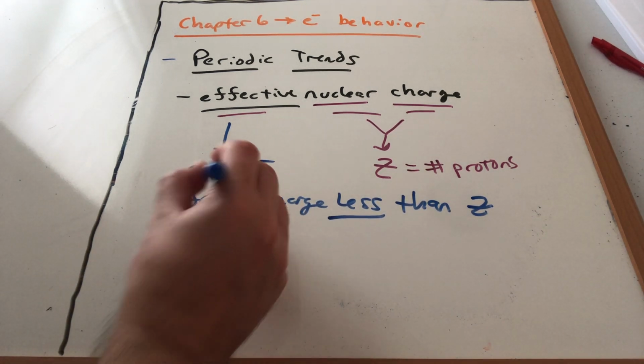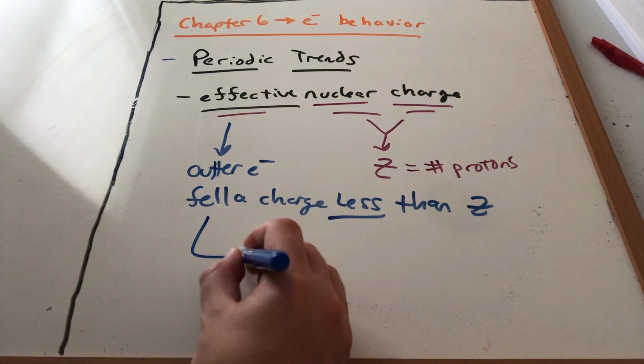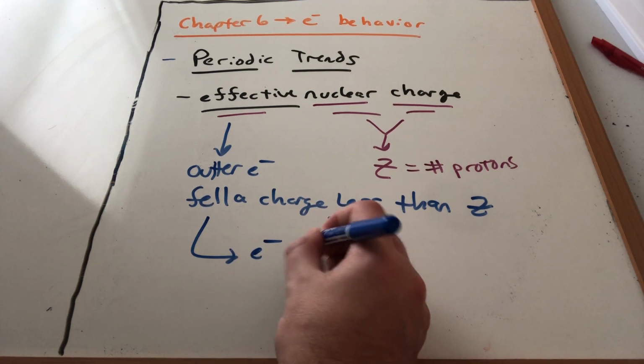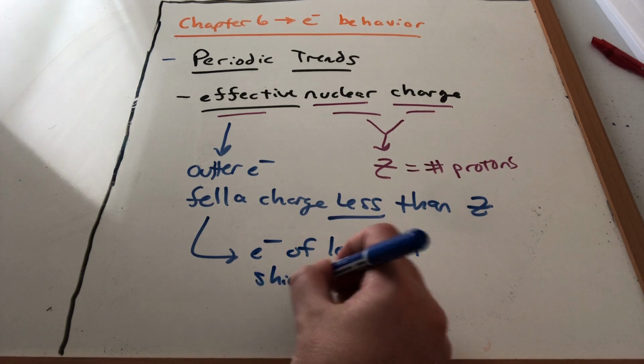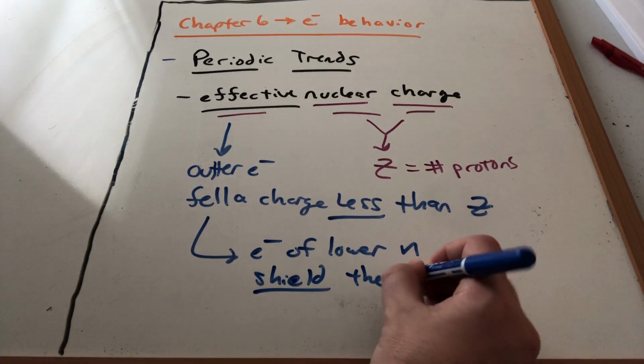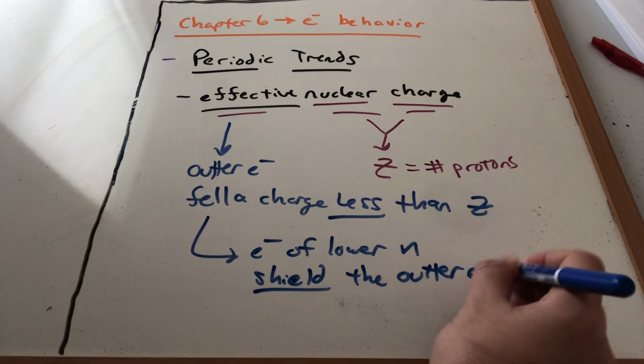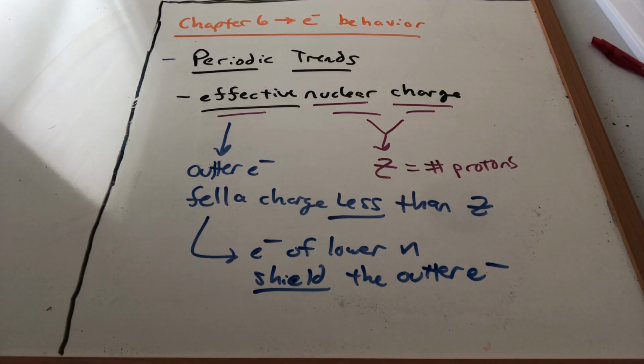Well, how do they feel a charge that's less than Z? Electrons of lower n shield the outer electrons. Essentially, they're in the way.